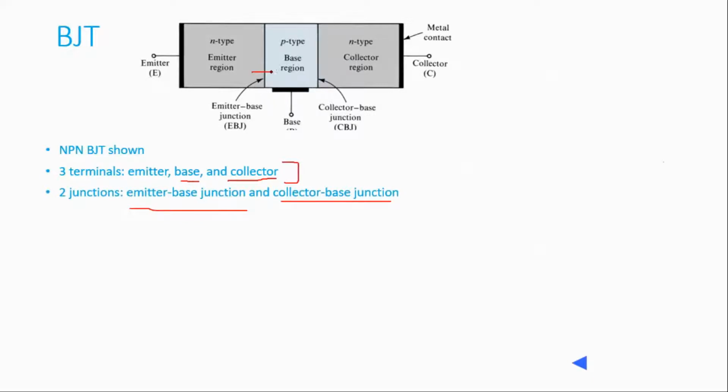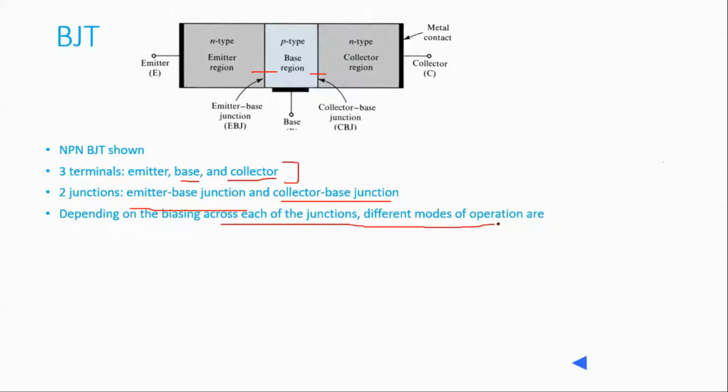Depending upon the biasing across each of the junctions, different modes of operation are there. Because this is N type and P type, it can be forward biased or reverse biased. So it depends upon how they are actually operating.